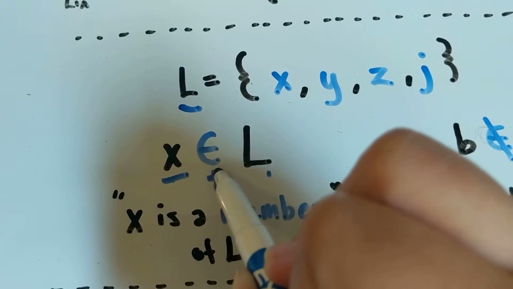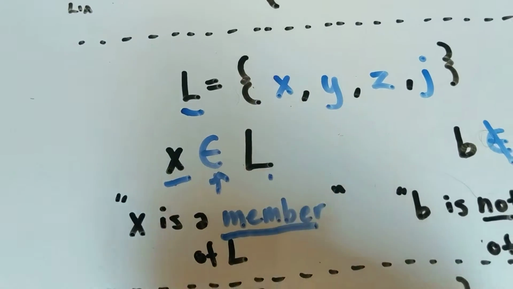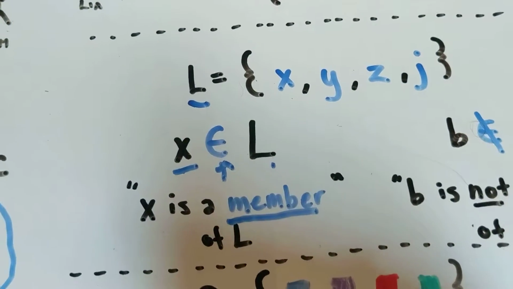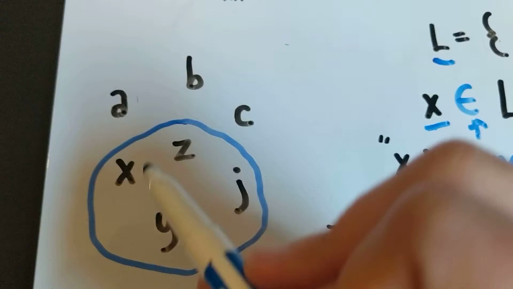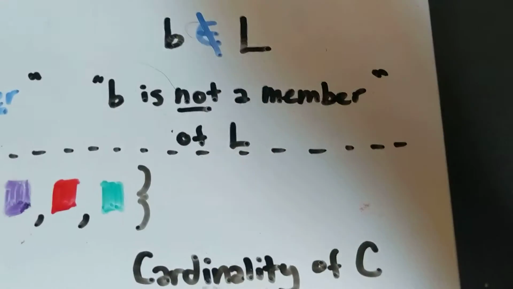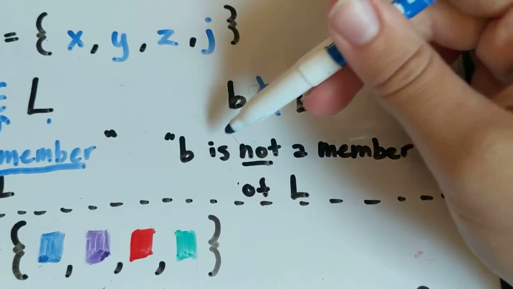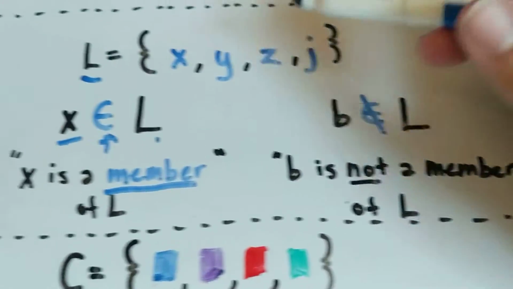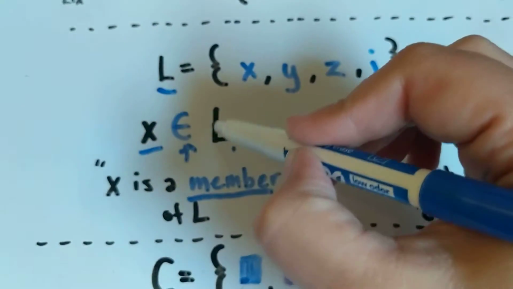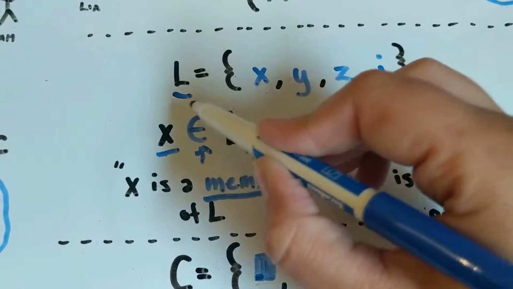It means that X is a member of L. And that's what we call anything that is inside a set, a member of that set, right? So anything inside a circle is a member, right? We can also put a slash through that symbol to say that B is not a member of L. So this little symbol is a very important symbol. This is the symbol that symbolizes set membership.